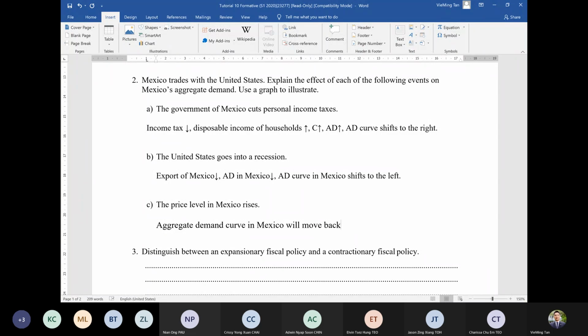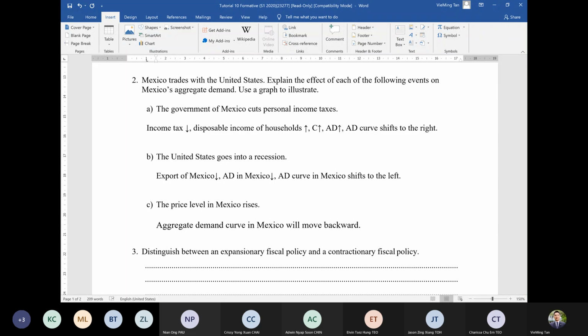What is the reason for moving backward then? It's because when the general price level is increasing, that means most of the goods and services in Mexico are very expensive now. So this will affect the aggregate demand. This will reduce the aggregate demand and move the aggregate demand curve backward only, but it's not going to shift, it's only moving along the aggregate demand curve.